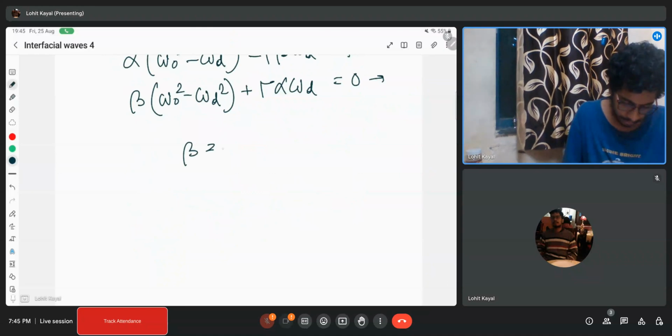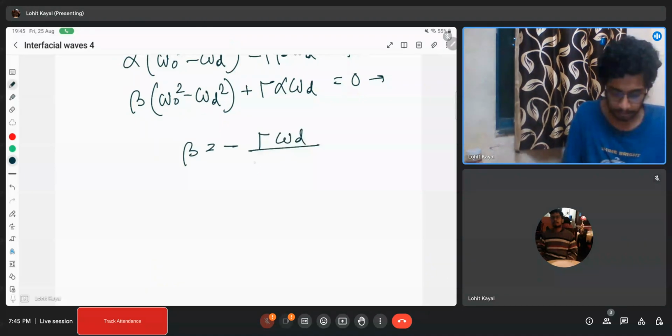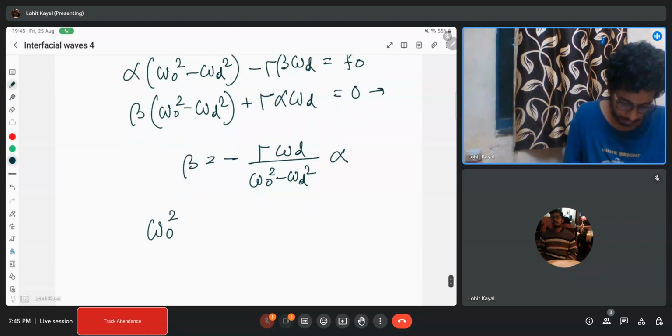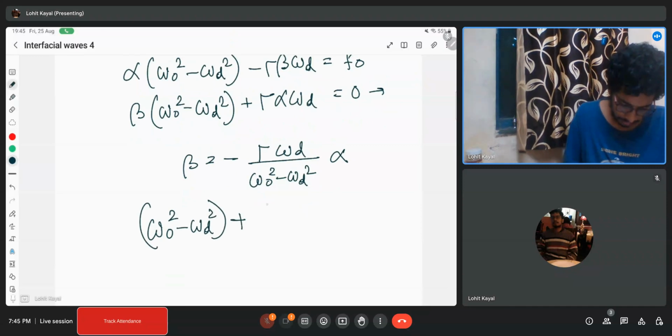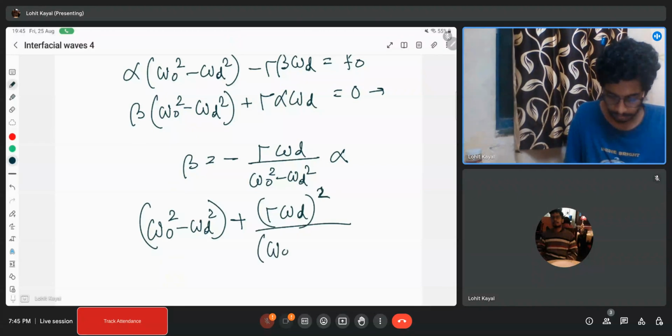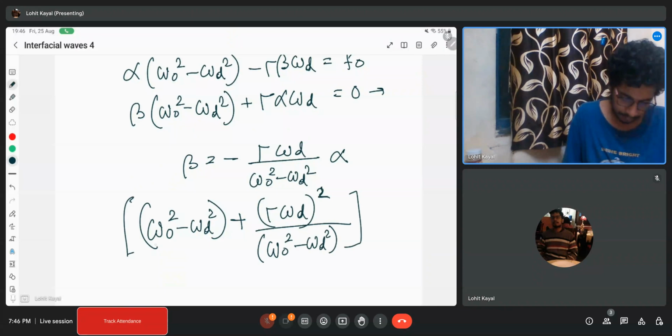We can take beta equal to minus gamma omega d divided by omega 0 square minus omega d square, into alpha, and substituting it we get omega 0 square minus omega d square plus gamma omega d whole square by omega 0 square minus omega d square, times alpha, equal to f naught.